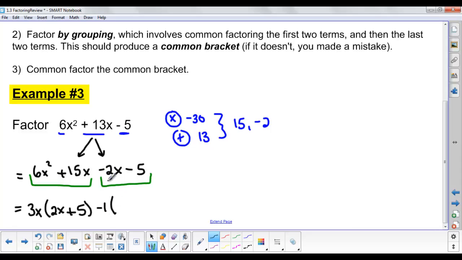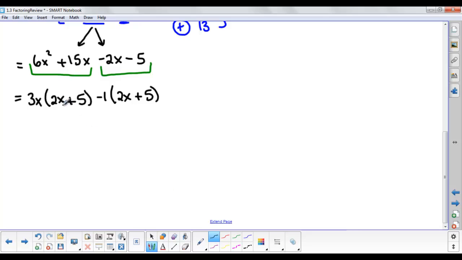If I take this term and divide by -1, I end up with positive 2x. If I take this and divide by -1, I end up with positive 5, which is perfect now because, as you can see, I have 2 brackets that are identical, which means I can do more common factoring. Remember, we have 2 terms here.